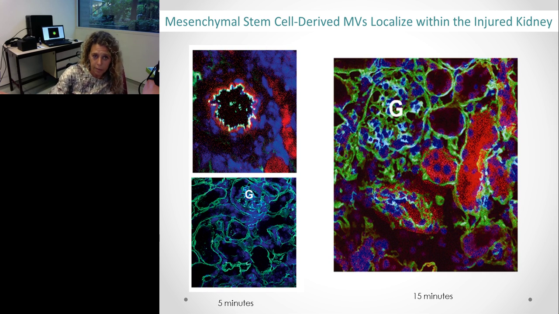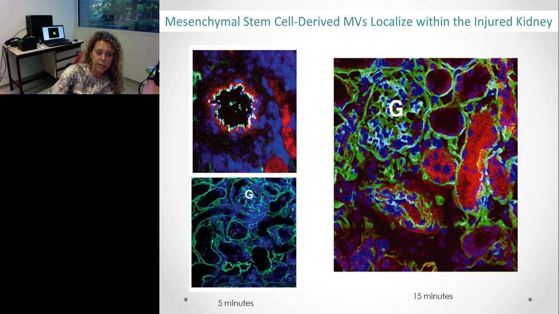So that's a more recent work, again showing a comparison between the cells and the vesicles, which I think is very interesting. Again, the model is in pigs, which receive a diet and then a stenosis of a renal artery to get, in 4 weeks, profoundly damaged kidneys.